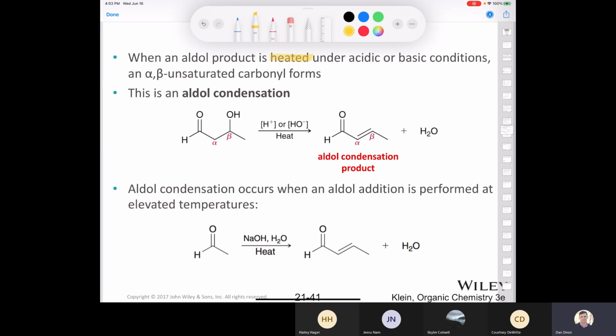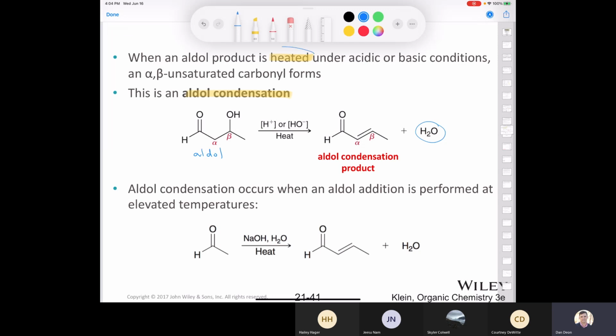Okay, and we saw how to make alpha beta unsaturated carbonyl compounds earlier on in this chapter, but now we're looking at it in terms of an aldol reaction, and we call this an aldol condensation. Why? Because you take your original aldol product, and you end up losing water when you make the condensation product, right?